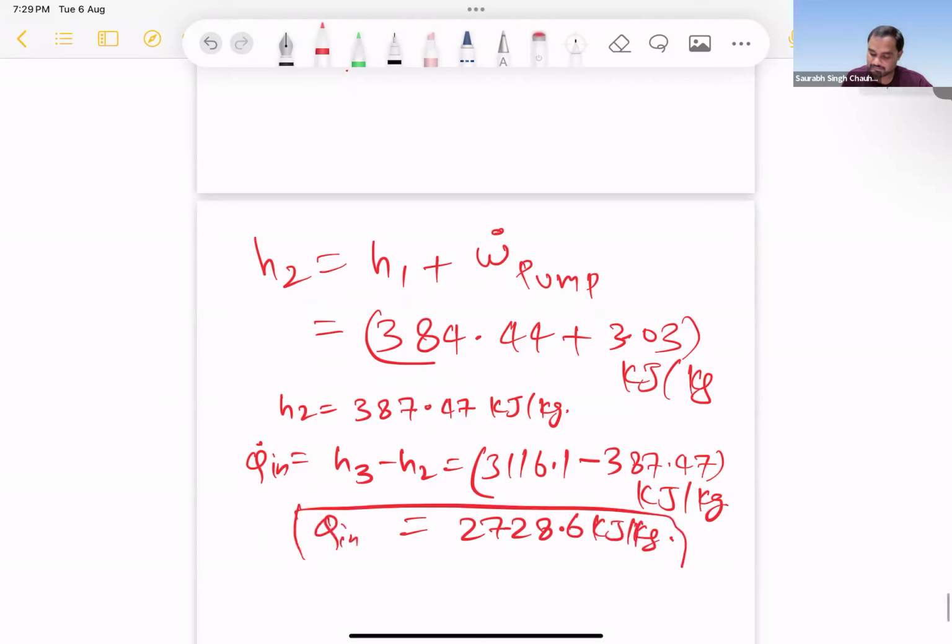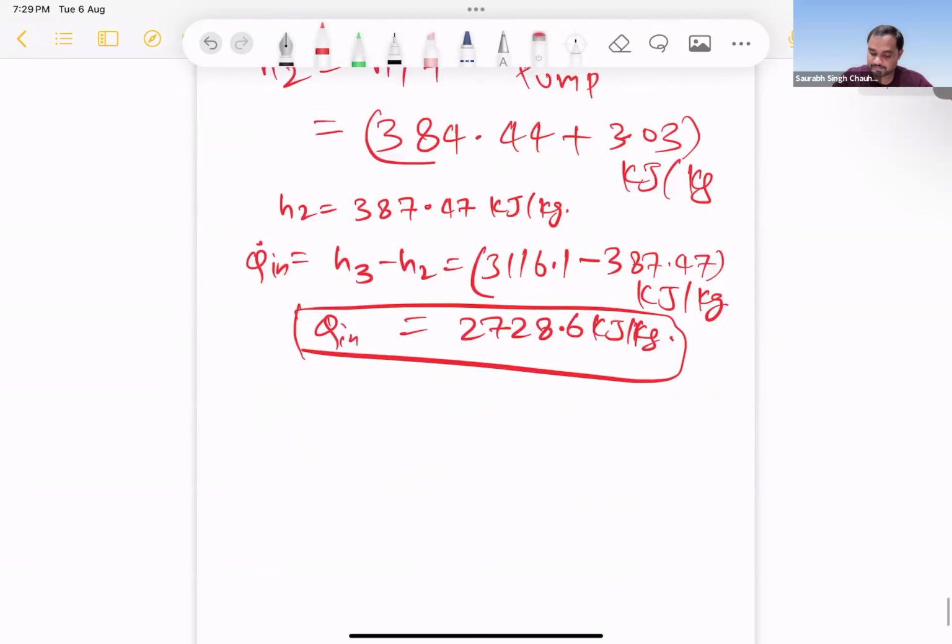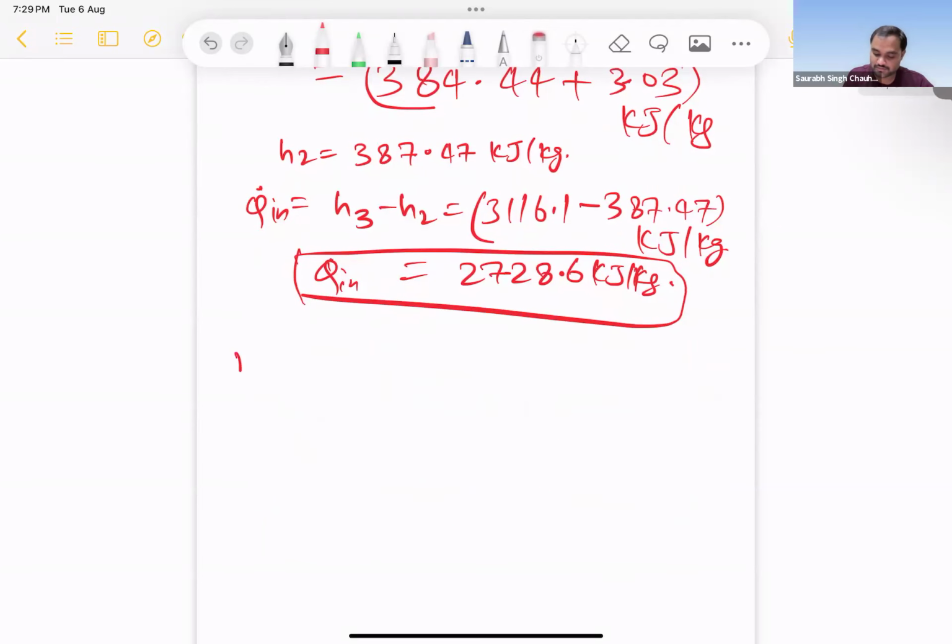Okay, so now we have everything. We have net work output, we have Q in. So now we can calculate efficiency. That will be equal to net work output divided by total energy input.